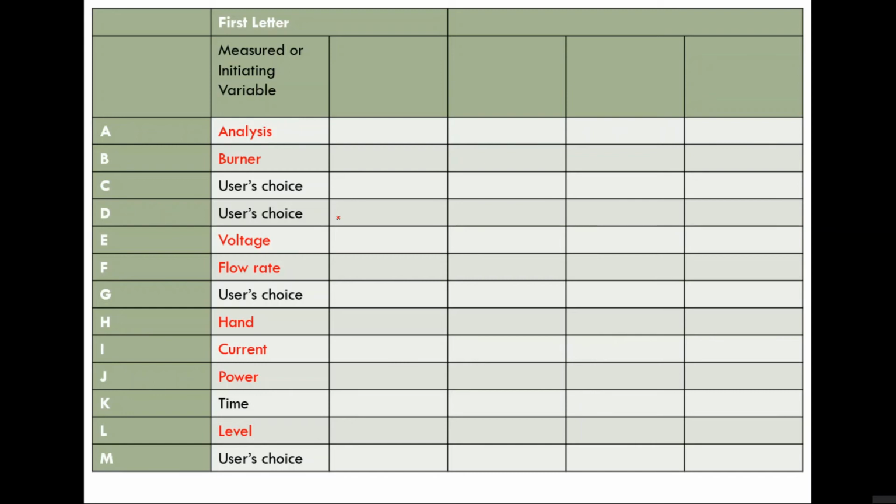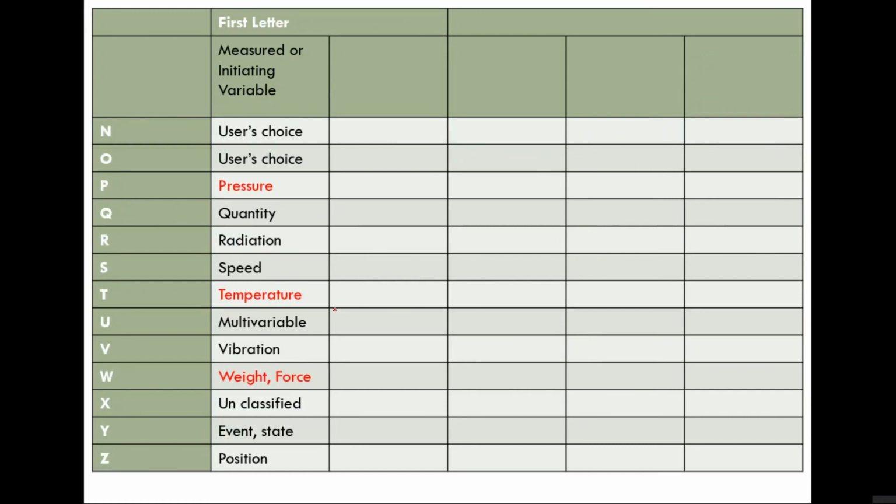A for analysis, B for burner, E for voltage, F for flow rate, H for hand, I for current, J for power, L for level. P, that one is also common, P for pressure. So I told you PT means pressure transmitter.